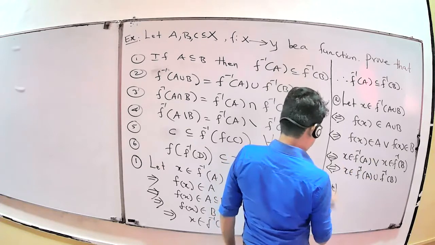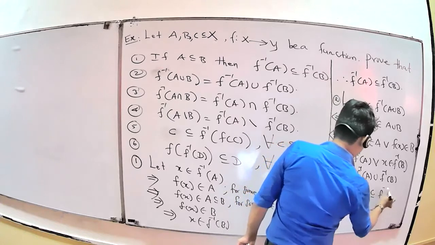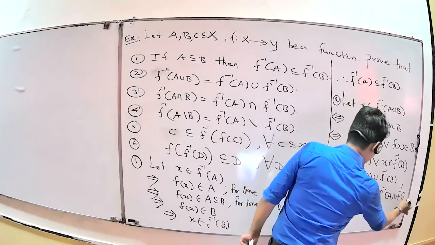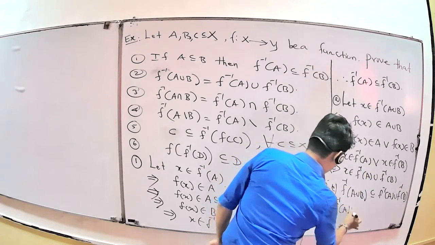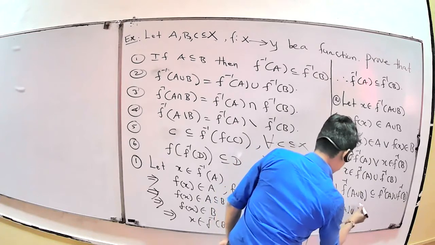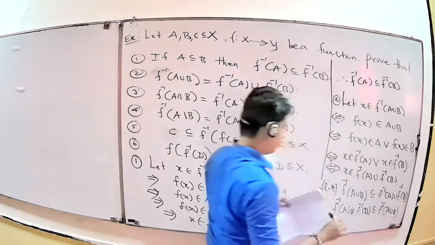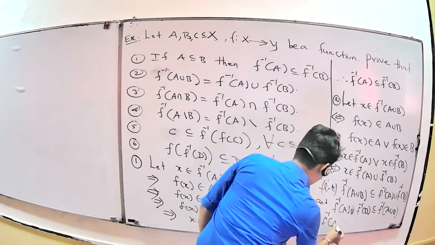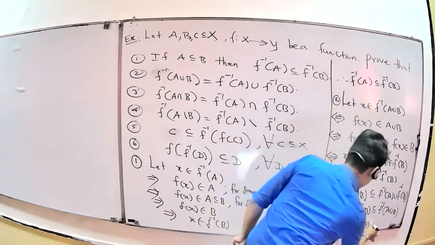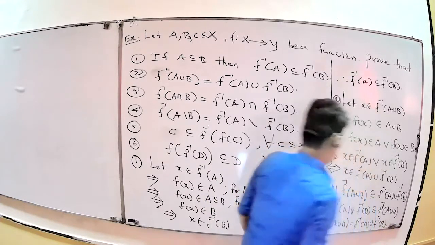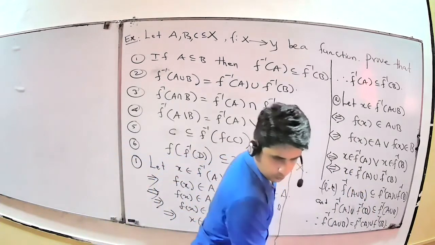That is, f inverse of (A union B) is a subset of f inverse A union f inverse B for this part, and the reverse part, f inverse A union f inverse B is a subset of f inverse of (A union B). From both of these you get, therefore, f inverse of (A union B) equals f inverse A union f inverse of B.